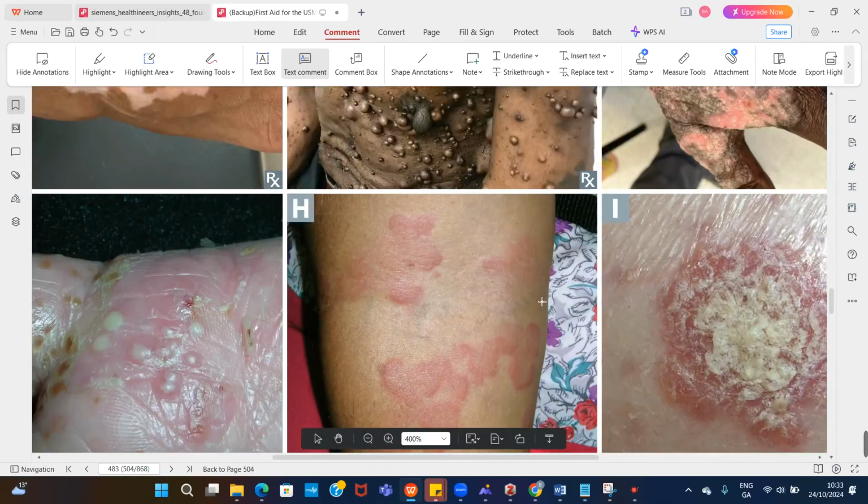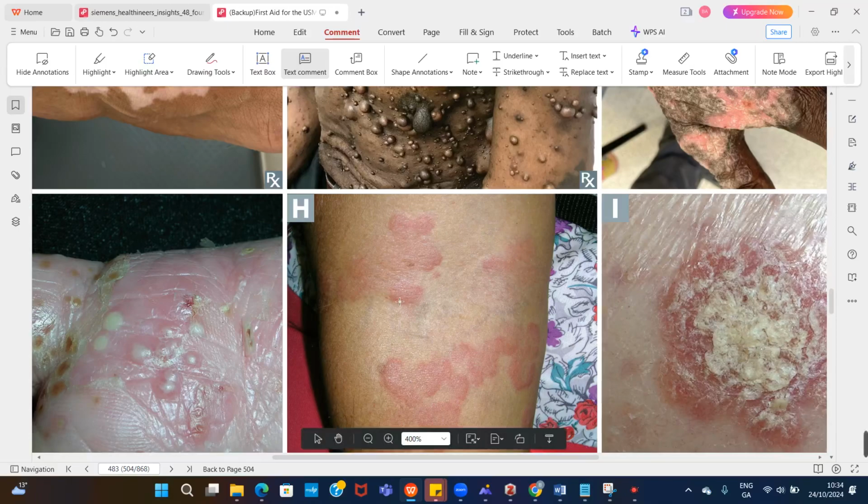This image H is what we call a wheal. It's very difficult to describe. You just become used to it. Once you see this image many times, you recognize it. The borders look irregular. And one thing you are going to see in the question stem that will help you quickly is that they will tell you that the lesions are transient. They don't stay for long, maximum 24 hours, then they are gone. Although sometimes you can have them existing for a long time in the chronic form, most of the time they are going to tell you that the lesion is transient.